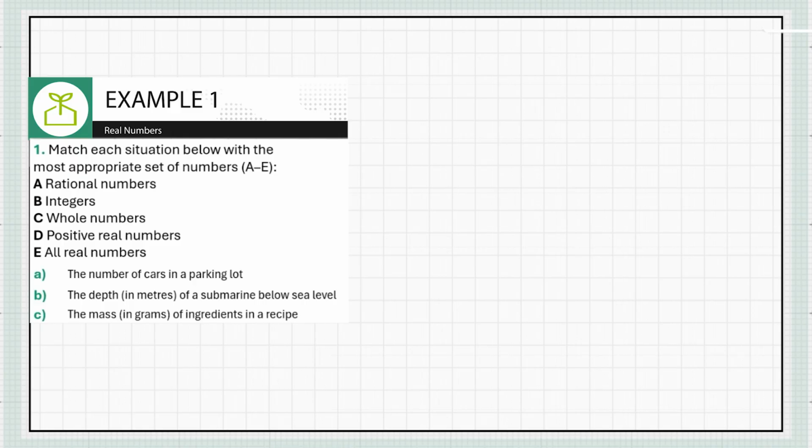So let's get started. Let's do A. So A, we have the number of cars in a parking lot. What's going to be an appropriate value for this? Well, it can't be integers because we can't have -1 cars in a parking lot. In the same way, it can't be positive real numbers either because a positive real number would be 1.25 and we can't have 1.25 cars in the parking lot.